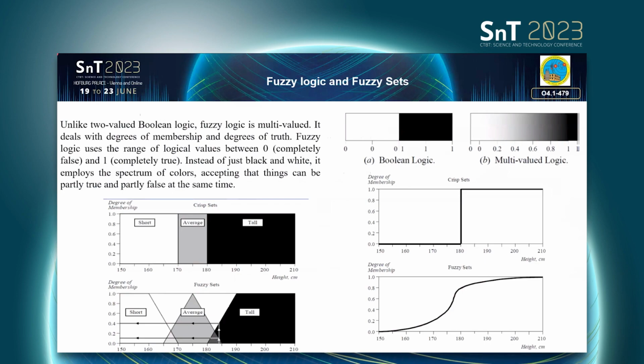If I'm considering the height of any human, I can't just say that less than some height is considered short, or above this is considered tall. But somehow the human can be average, and somehow tall, with membership to some degree in this set or in this other set at the same time.